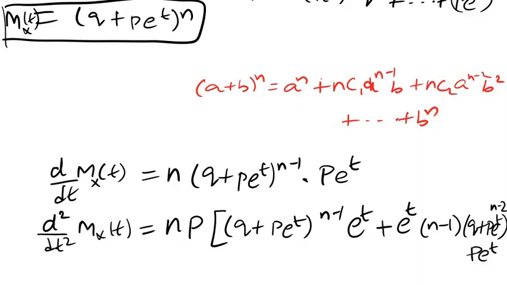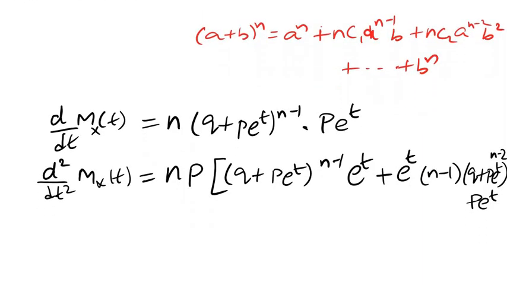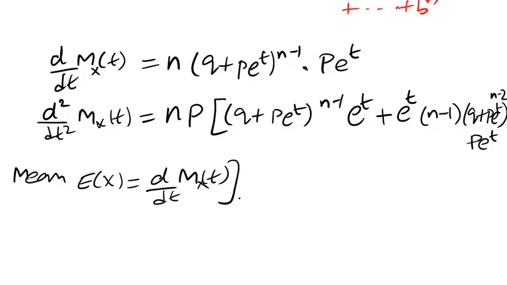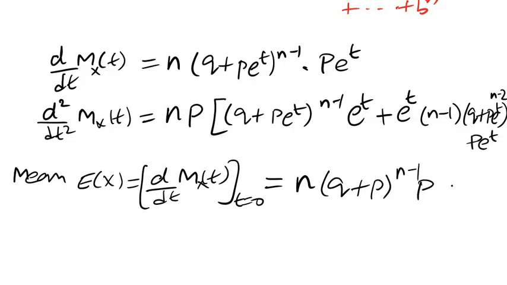Now the first order moment, that is mean, expectation of x, can be obtained by substituting t equal to 0 in the above. Mean, expectation of x is nothing but d by dt M of t, here put t equal to 0, n into (q plus p e power 0, which is equal to 1), so (q plus p) power n minus 1 into p.